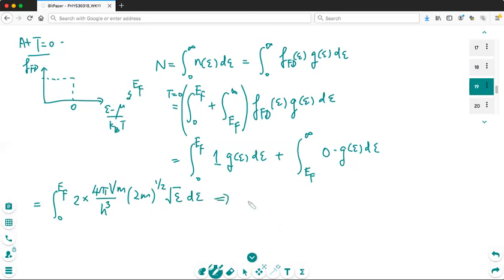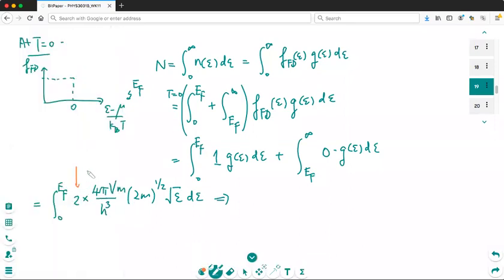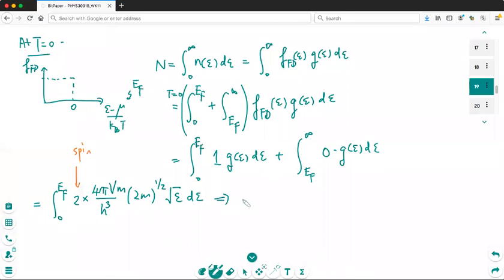Now remember, what is this n? This n is not the number of states. Be careful, this is the number of electrons. That's why this 2 is here, just in case you are lost when you revise. This is due to spin. What we want is the number density. Little n is defined as the total number of electrons divided by the volume. You see, you have a volume factor here.